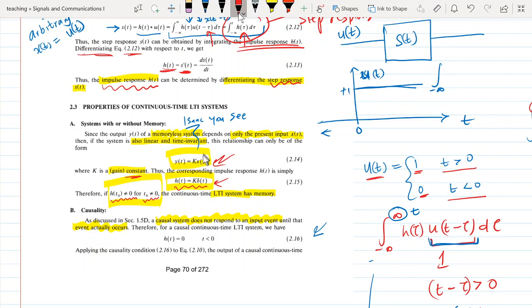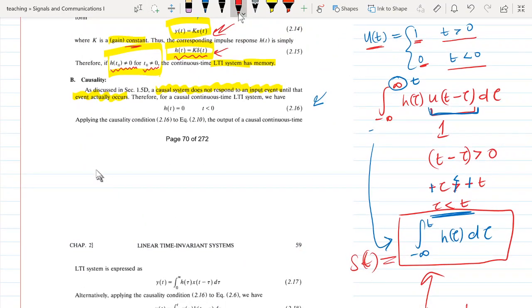That means, we said that delta of t will have a value of infinity for t equals 0, and a value of 0 for t not equal to 0.